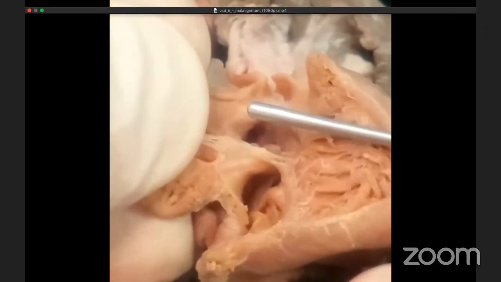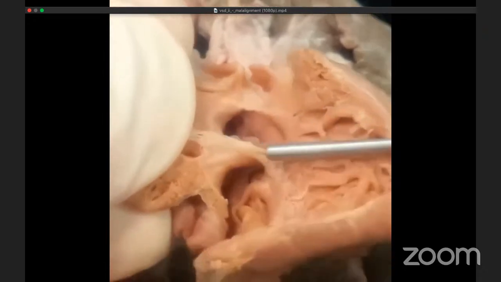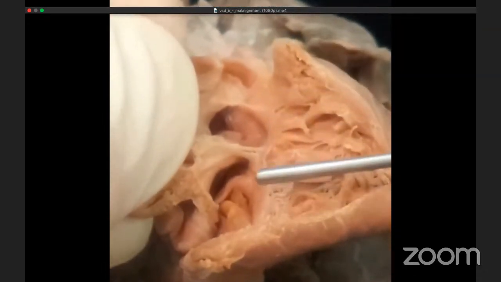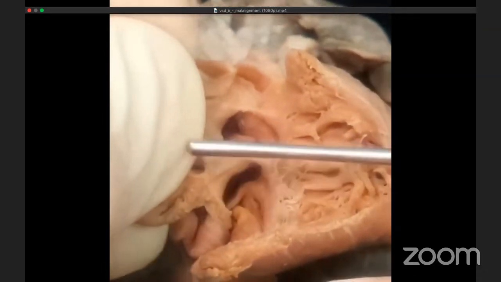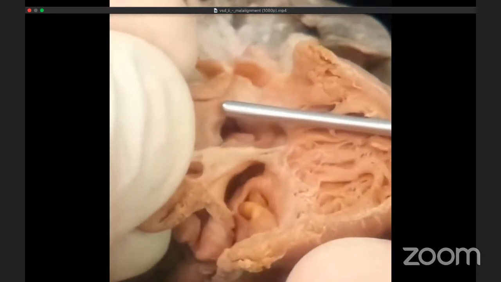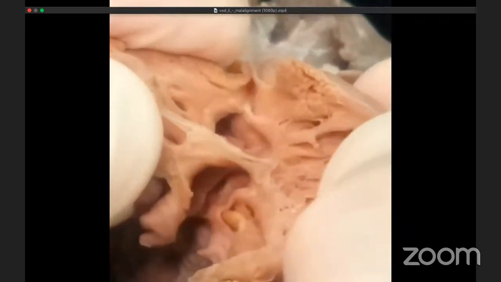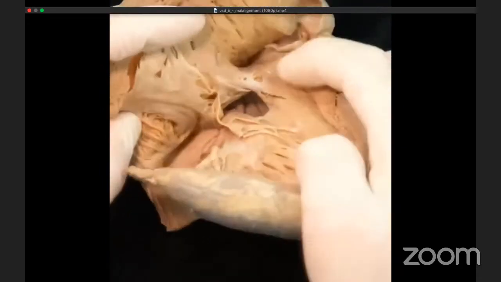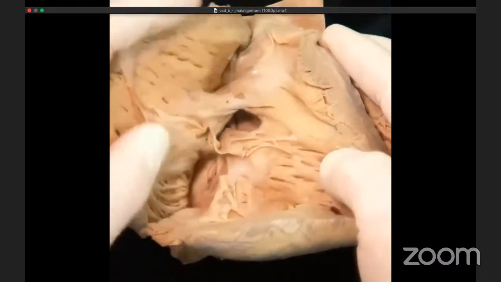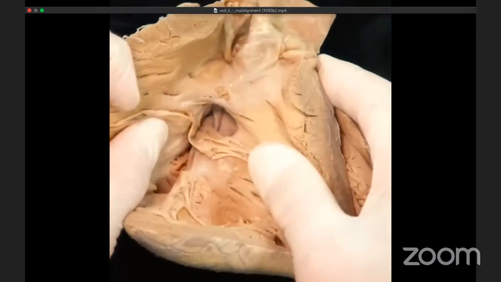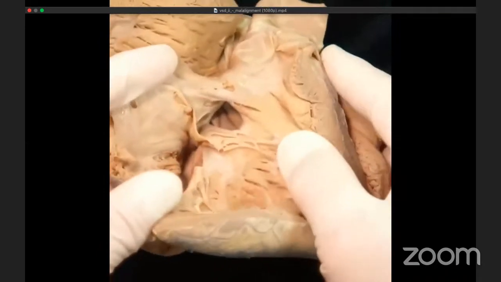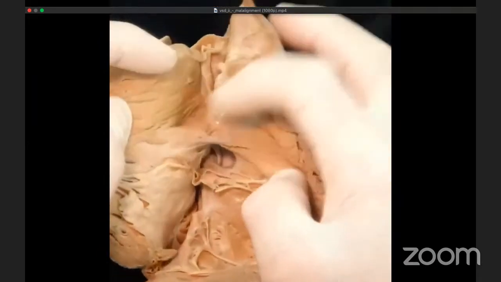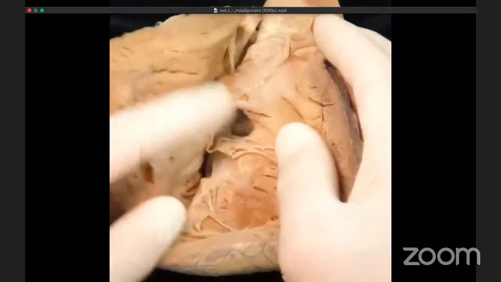But that fibrous strand is also malaligned with respect to the plane of the screen. So again, it's rotated out of the plane of the board, and it is potentially obstructing the subpulmonary outflow tract. To show you one final specimen which shows malalignment of those structures, again with some override of the aortic valve, but without obstruction to the pulmonary outflow tract.